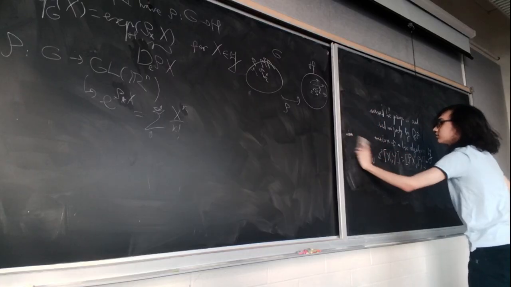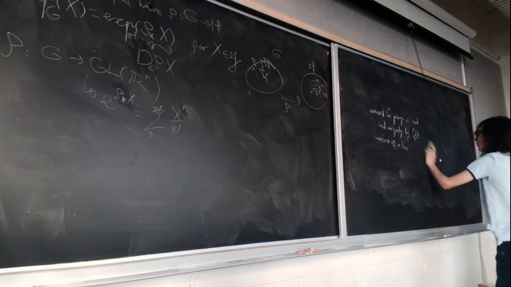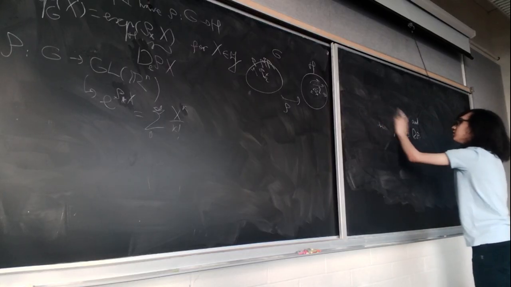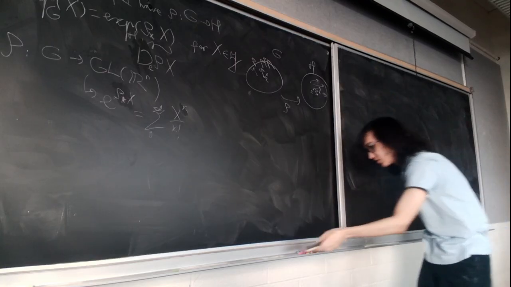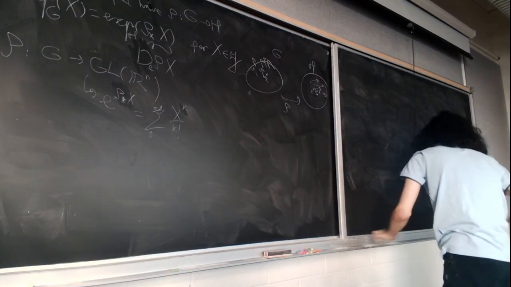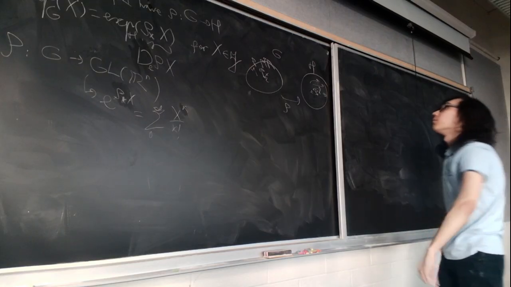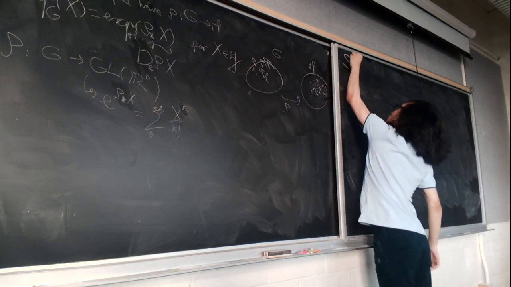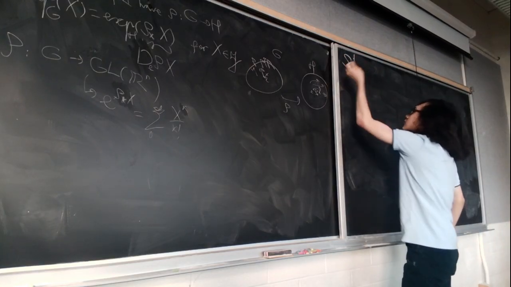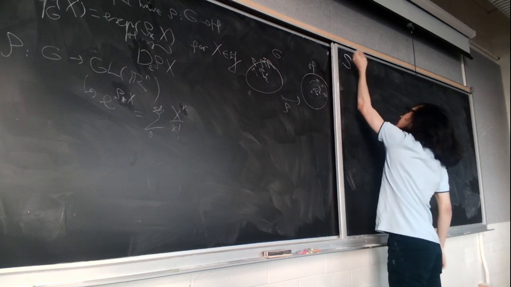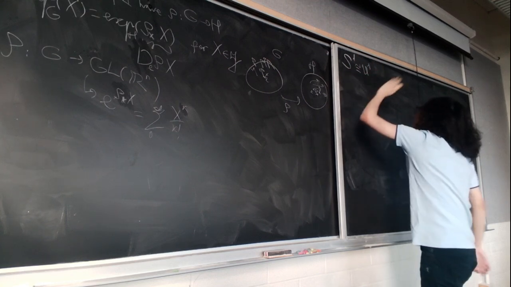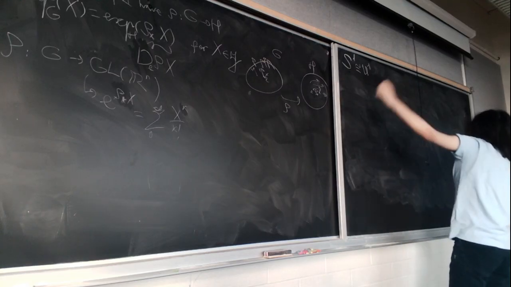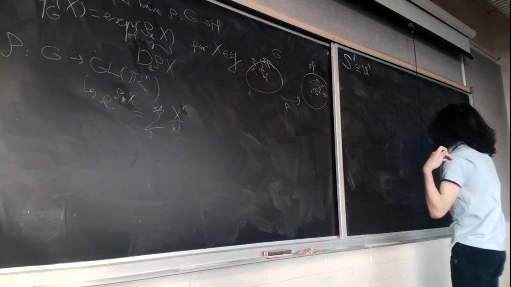So it's a very, very simple, very familiar example. Let's take S1, which you can also call U1. It's the set of all rotations in 2D space.